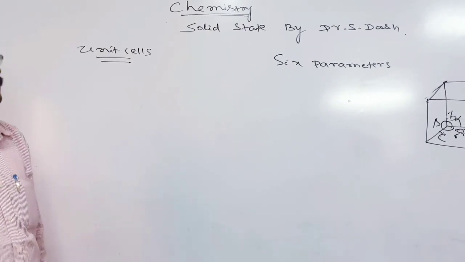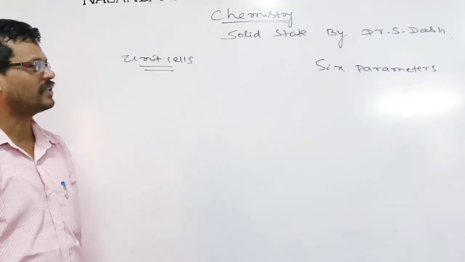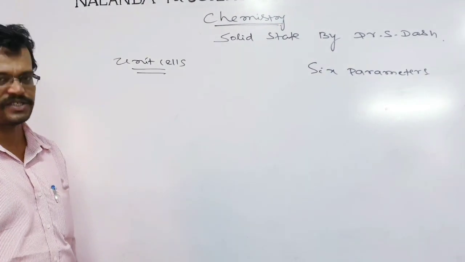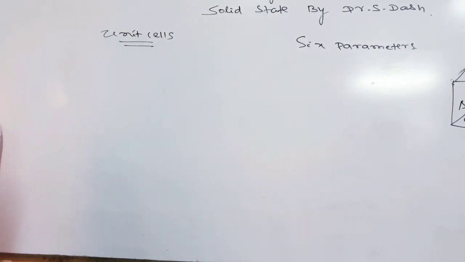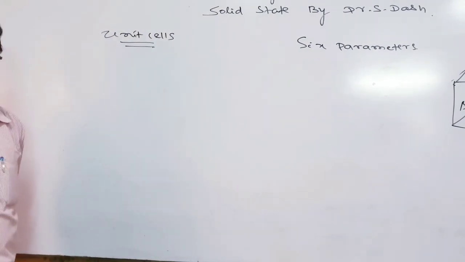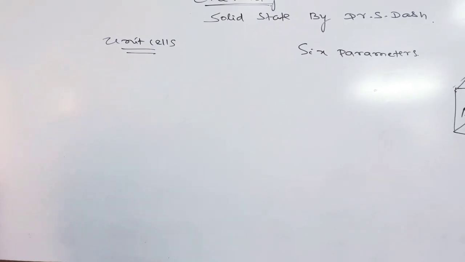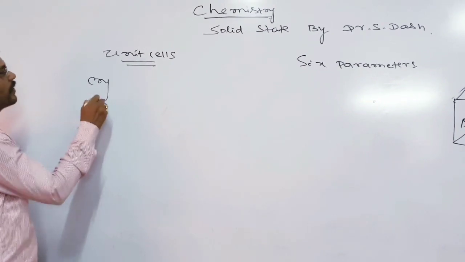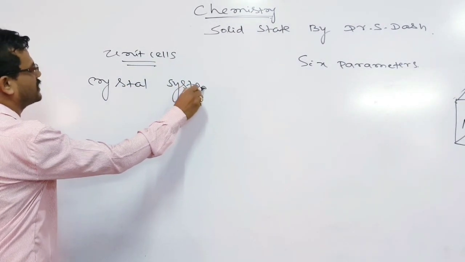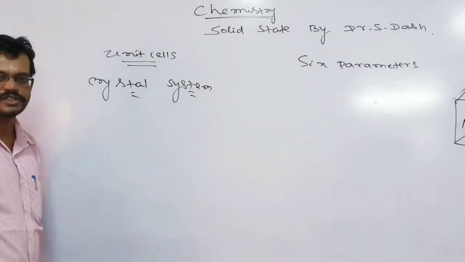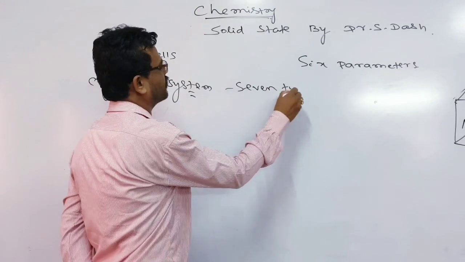Regarding this, by arrangement of the unit cells, we get the crystal systems. The crystal system is formed by arrangement of the unit cells or the constituent particles. Based upon the unit cells, these crystal systems are classified into 7 different categories or 7 types.